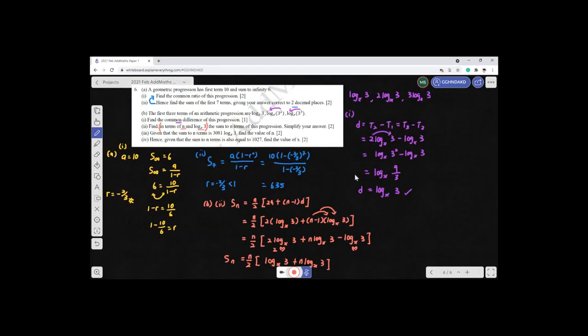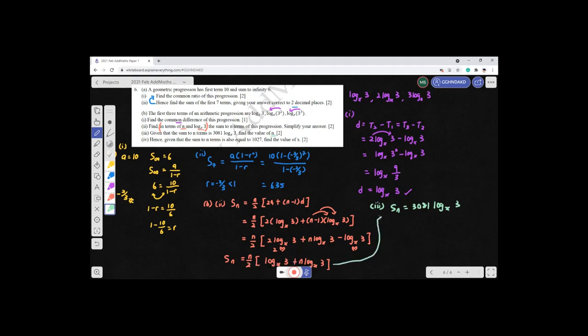Number 3, they say, given that the sum to n terms is 3081 log x cubed, meaning this Sn is 3081 log x cubed. Find the value of n. So to find the value of n, what is Sn? The whole thing here is your Sn.